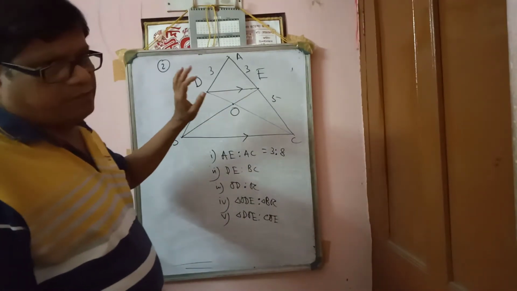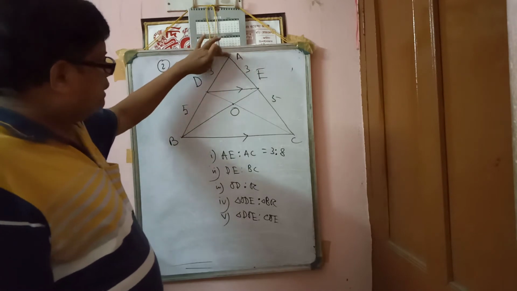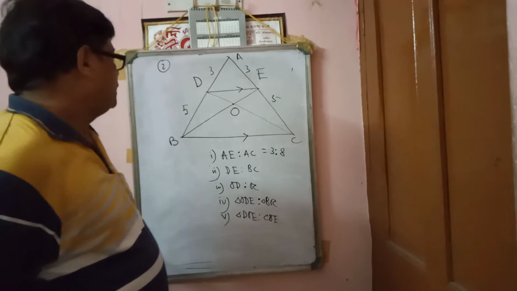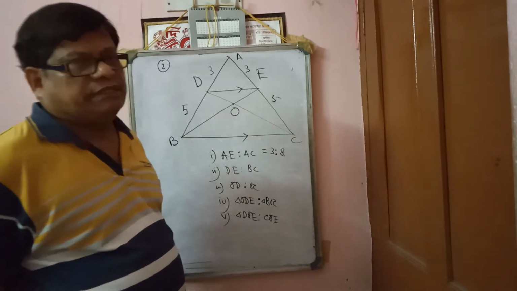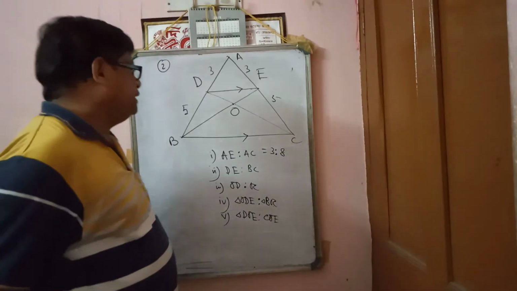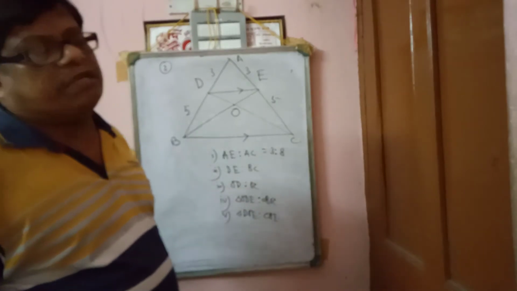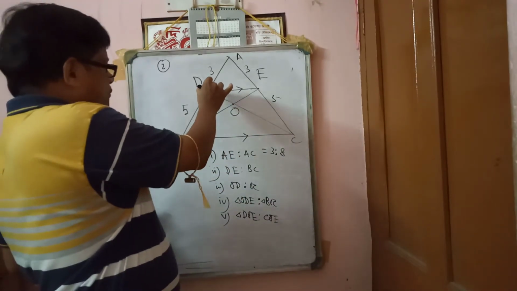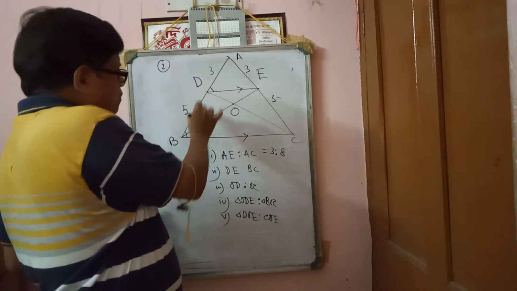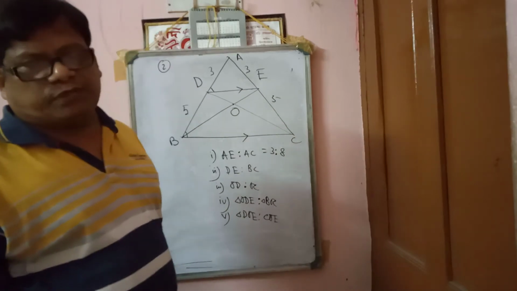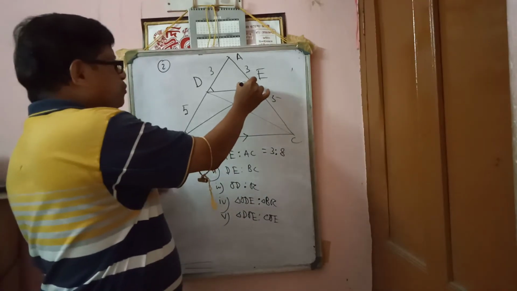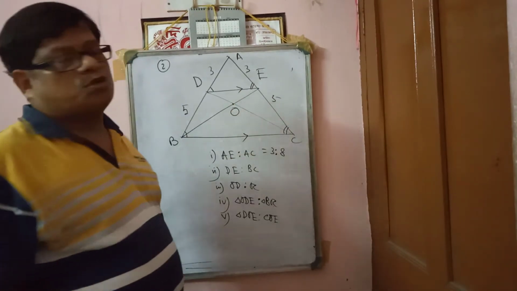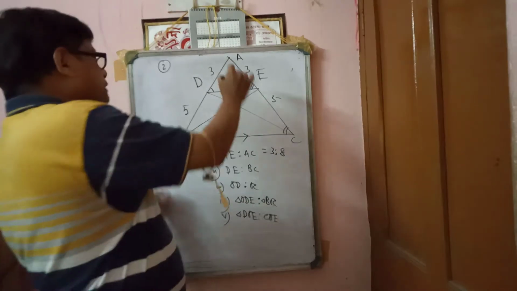Since triangles ADE and ABC are similar triangles. All of you know, look here, this angle equals this one because the parallel is given, corresponding angles. So this angle is also equal to this angle, corresponding angle, and this is the common angle.